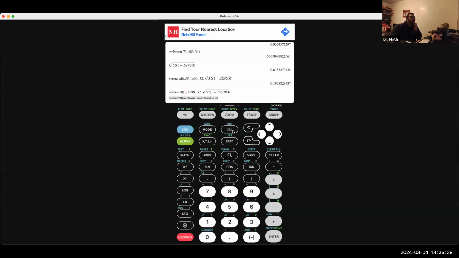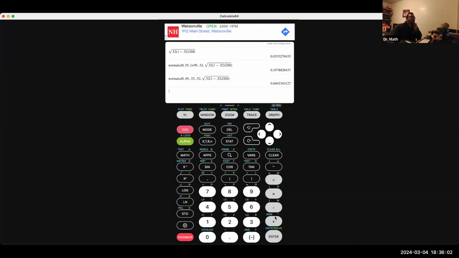What number did I want to start at? It was 0.49, and then I wanted to stop at 0.55. Everything else is the same, so I can just hit enter. That way it saves you some typing, so you don't have to do this part all over again.